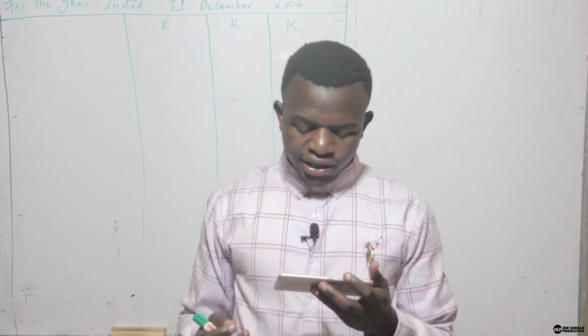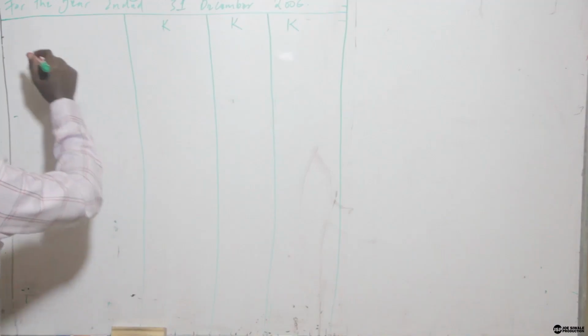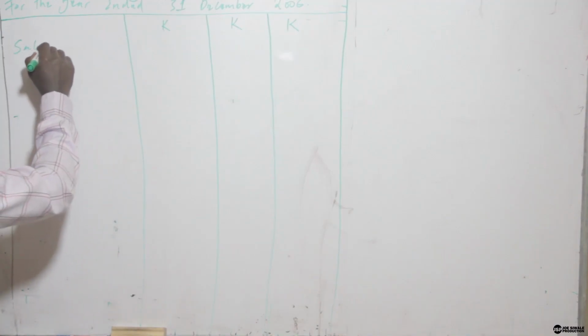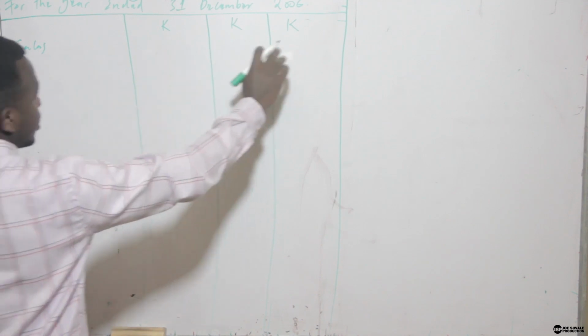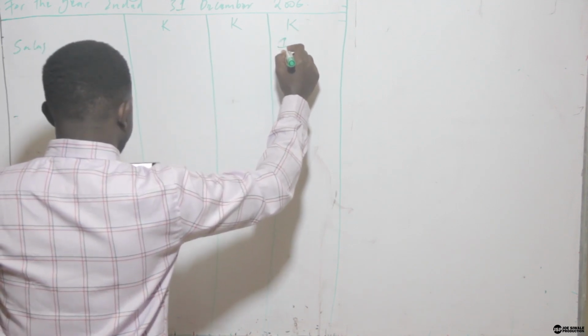So the sales figure there, it's 190,576. But before we record sales, we have to look at the question and identify if we have returns inwards. So we don't have returns inwards. That means that we're going to put our sales at the end there since we don't have returns inwards.